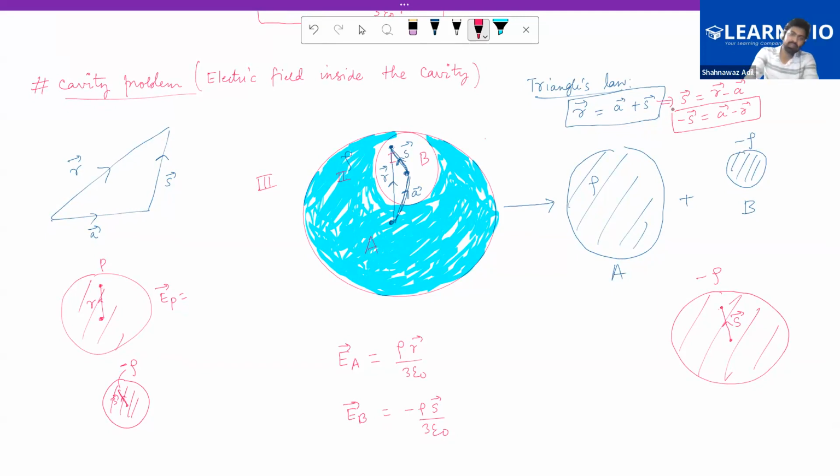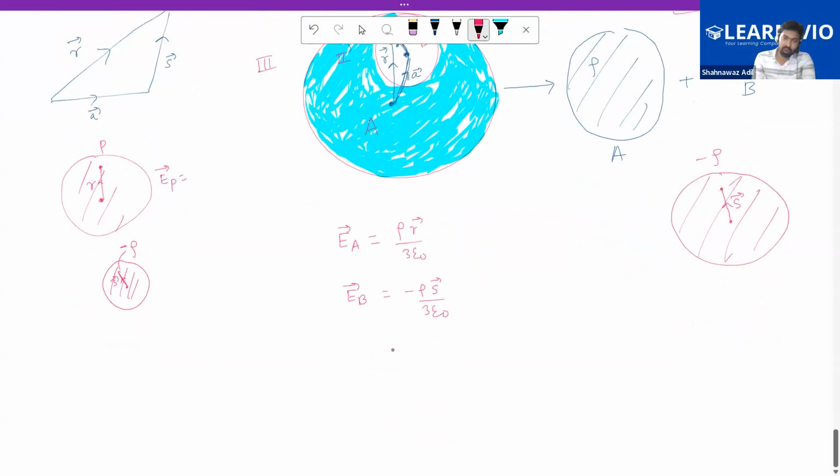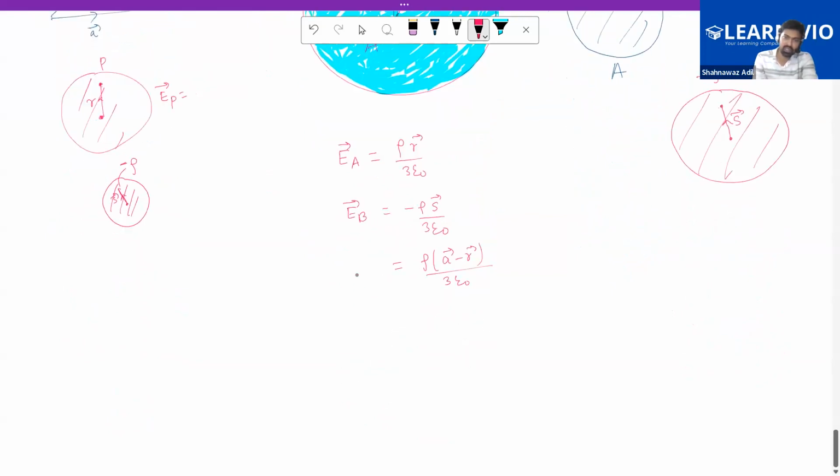So I can write this contribution as rho times (A minus R) divided by 3 epsilon. So this is E_B.